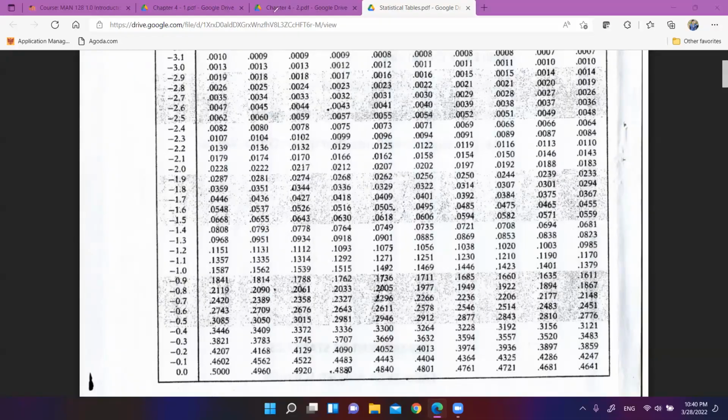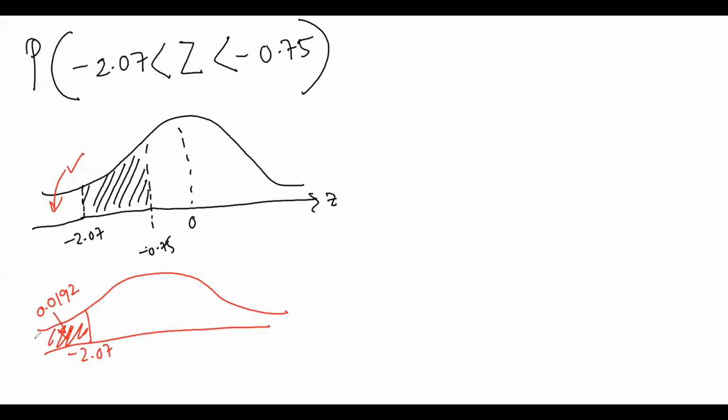I'll write it in another color. This entire area, from negative infinity up to here, the blue area, is 0.2266.